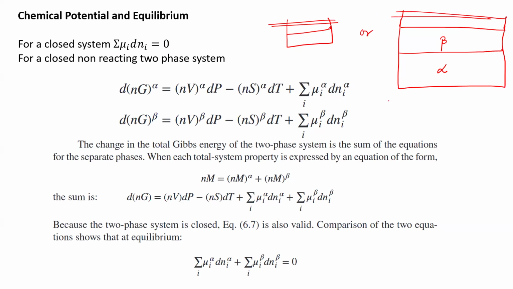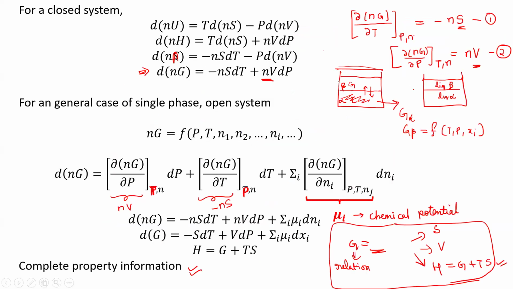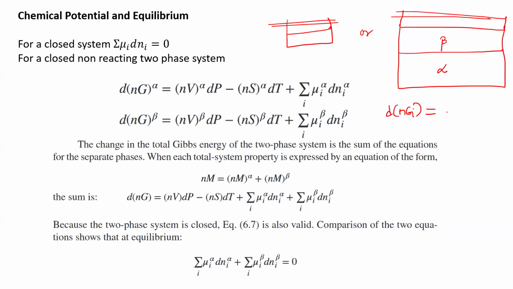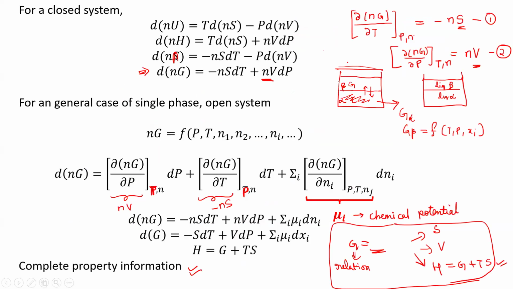then again the initial equations which we have defined, dG, d of nG, is equal to this one, minus NSdT plus NVdP. So this is followed already. And also this equation, dNG is equal to minus NSdT plus NVdP plus sigma mu I dNI, is also followed.